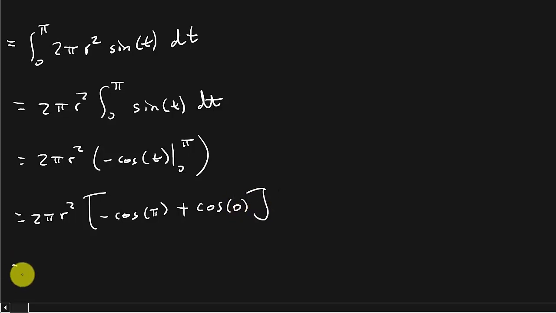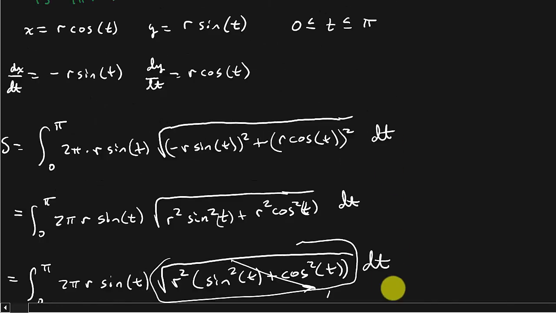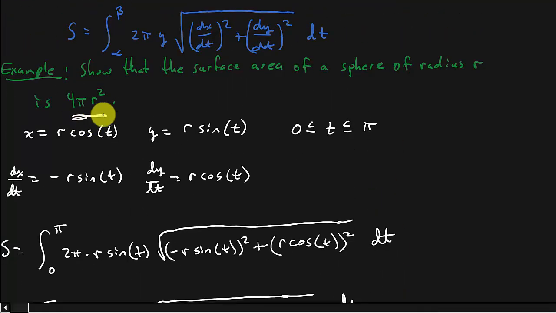Cosine of pi is negative 1, so negative that is positive. Cosine of 0 is positive 1. And so this is going to give us 4 pi r squared. And there's your surface area, and that's actually what they want us to show. So that's an easy way to find the surface area of a sphere.